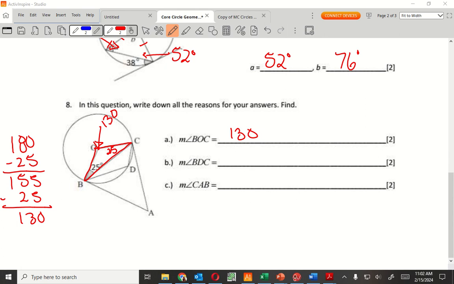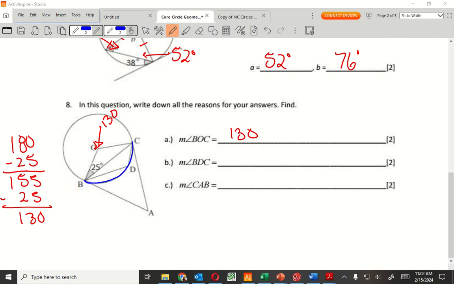Okay, so now, let's see if you guys are paying attention. So we said that one's 130. Let's see if you got this now. From B to C, what's going to be that arc? Why is it 130? Anyone recall what it's called? Good job, central angle. So my central angle is 130, and that's going to be the same as my arc.